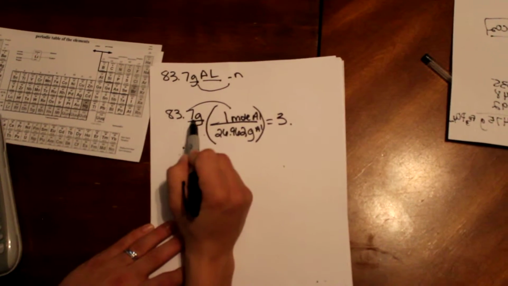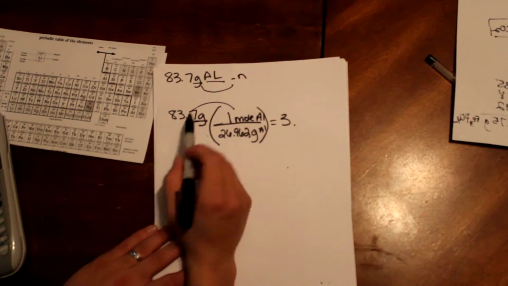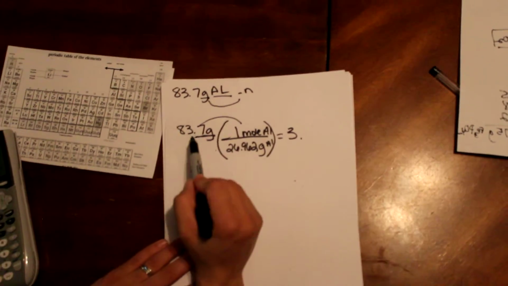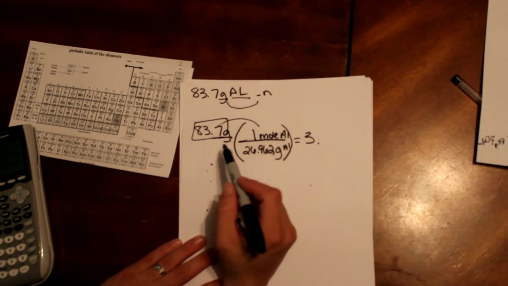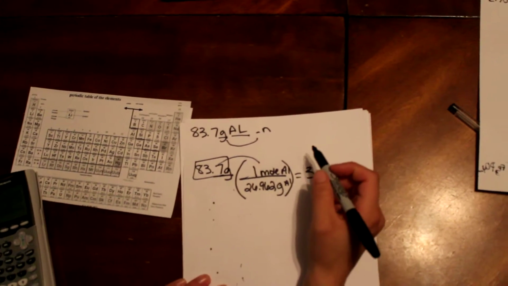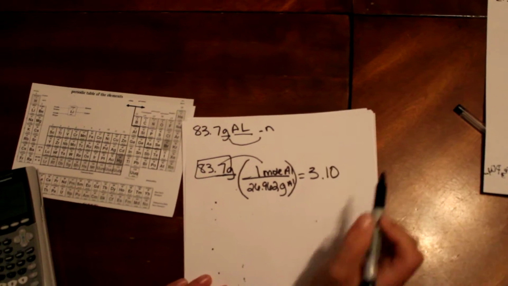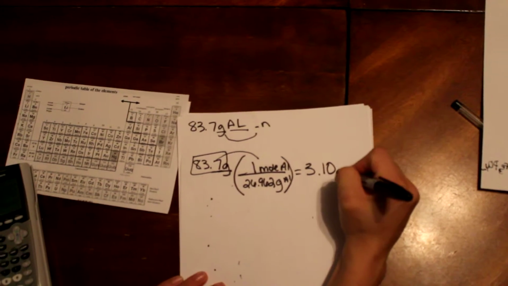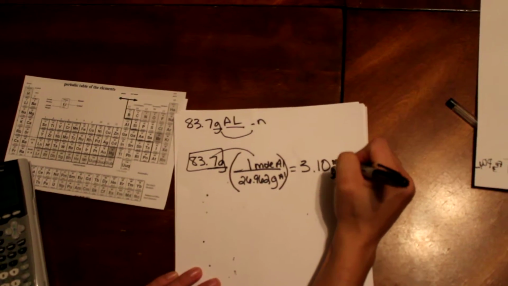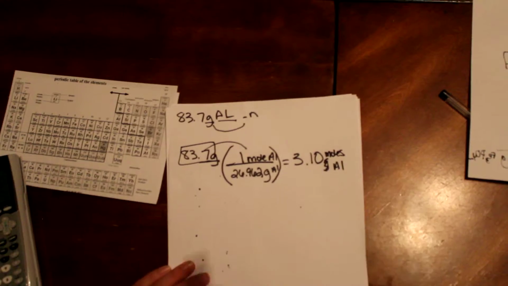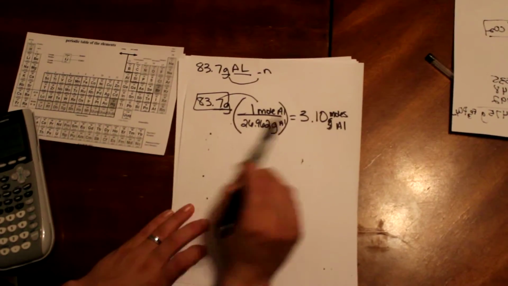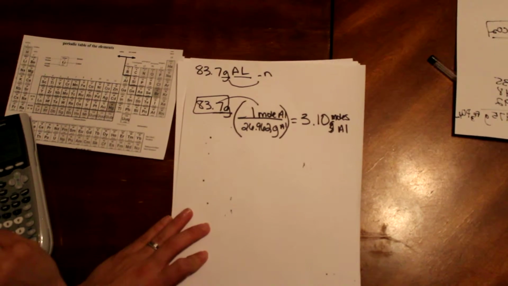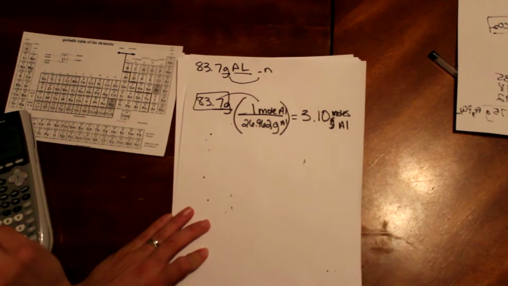Since you're doing division and multiplication, you take the lowest one, so it's 3 sig figs. So 3.10 moles of aluminum. Voila.